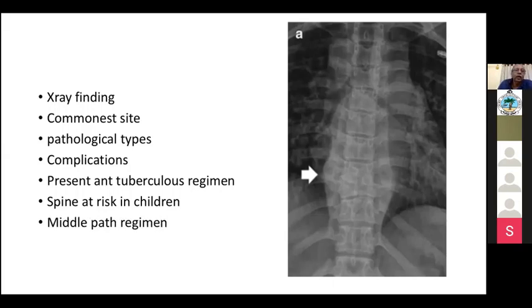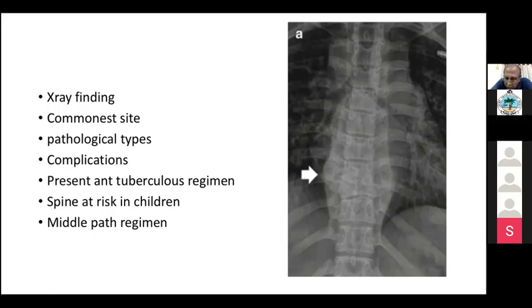What is middle path regime? Basically chemotherapy in 3 phases: intensive phase, continuation phase, and prophylactic phase. Then we have to take X-ray and ESR every 3 months. That is not the middle path regime. Middle path regime is that there are certain indications for doing surgery.